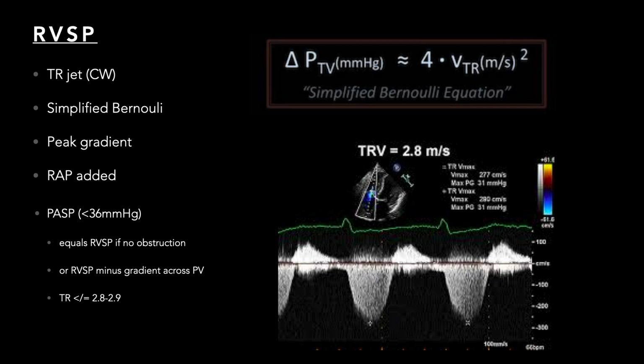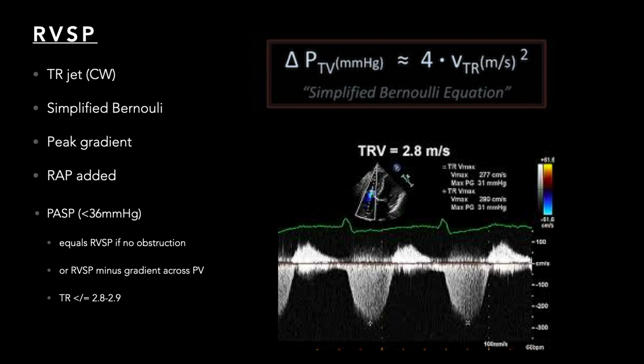Okay, so moving into measurement of the actual pressures. The first one we're going to discuss is RVSP. RVSP is an estimate of systolic pulmonary artery pressure, and it is reliably determined from the peak tricuspid regurgitation jet velocity.